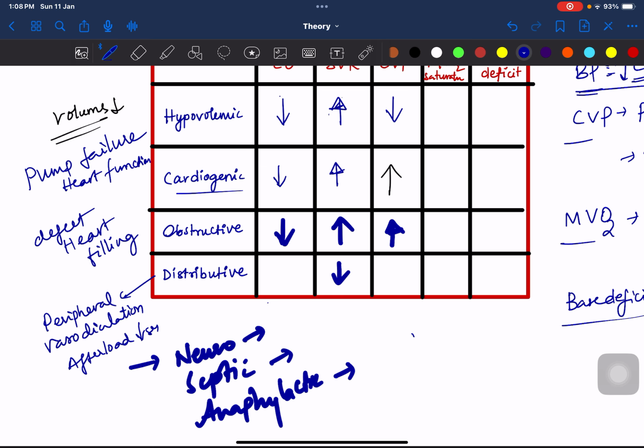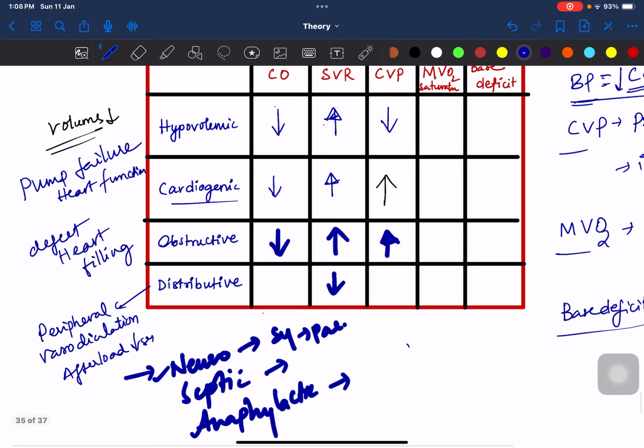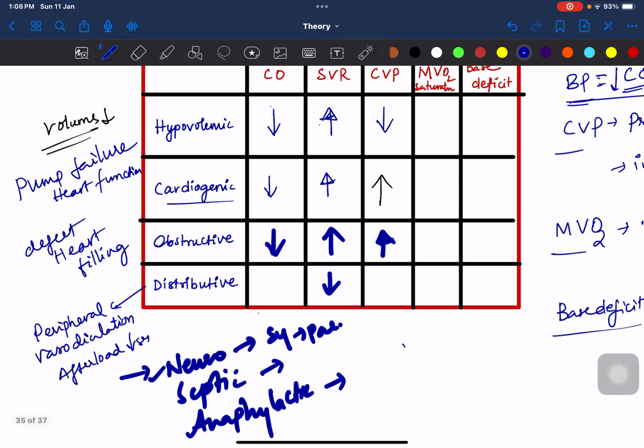In neurogenic shock, let's say in spinal trauma, the sympathetic tone decreases and the parasympathetic tone increases throughout the body. So the blood pools in the peripheral circulation and does not return to the heart. Because of the peripheral vasodilatation, the afterload decreases. If the afterload decreases, then the cardiac output obviously increases. There is a hyperdynamic circulation in distributive shock.